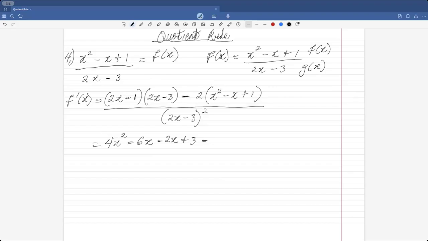So we have negative 2 multiplied by x squared, we have negative 2x squared, plus 2x, negative 2, all over, open parenthesis, 2x minus 3 all to the power of 2.